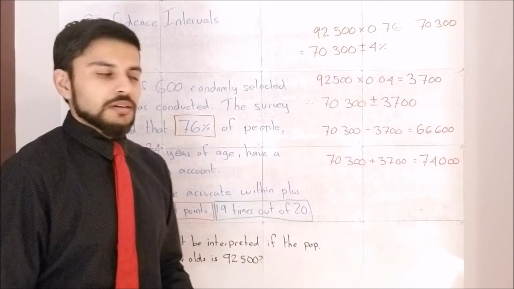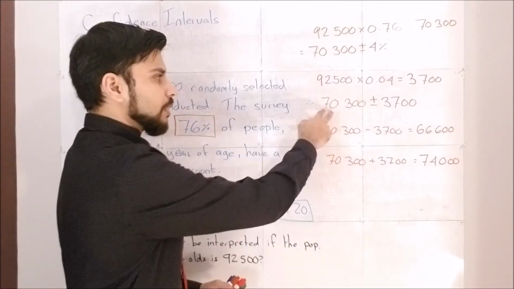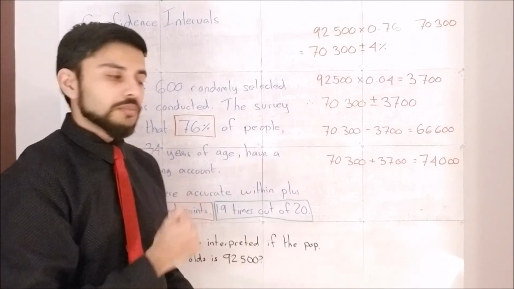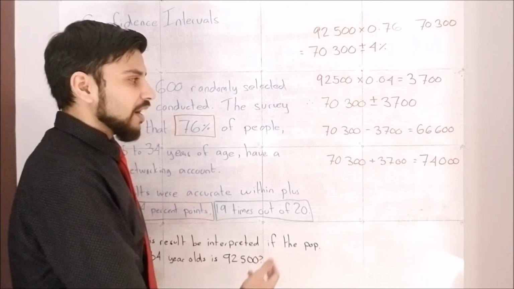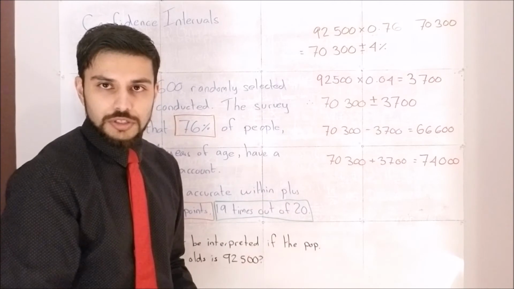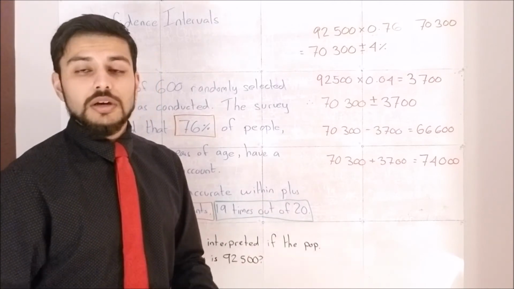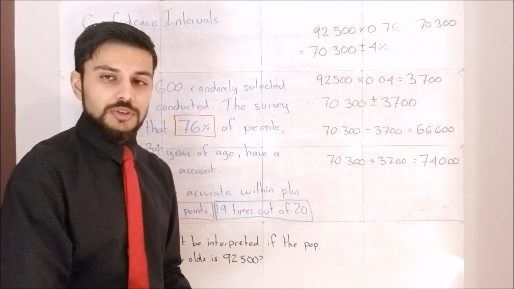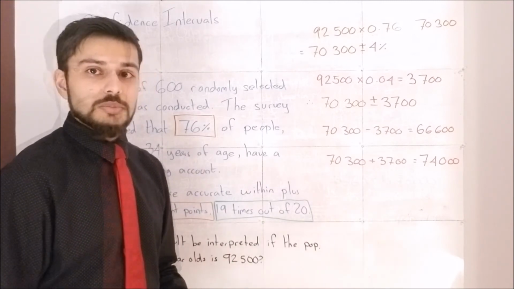Now, one little thing, it's not really a big deal, but whenever we list plus or minus, the plus usually goes on top, minus usually goes on the bottom. When we calculate them, I like to calculate my smallest number first. It doesn't really matter as long as when you are stating your confidence interval, you're writing your smaller number first, your bigger number second. It ends up looking like this.